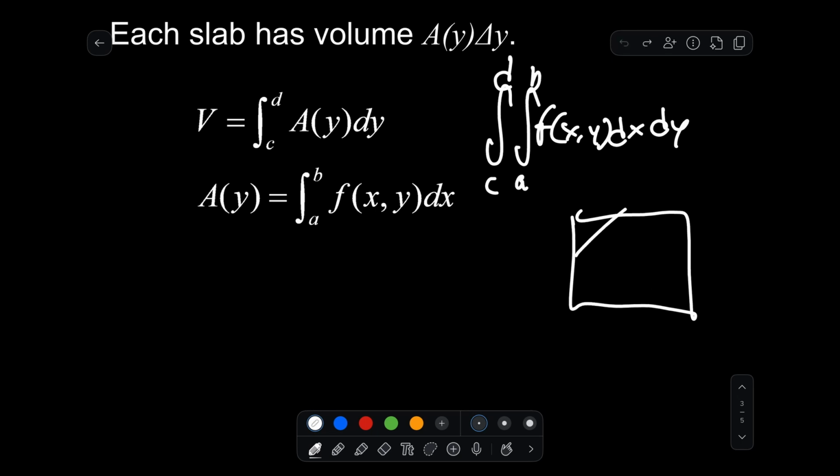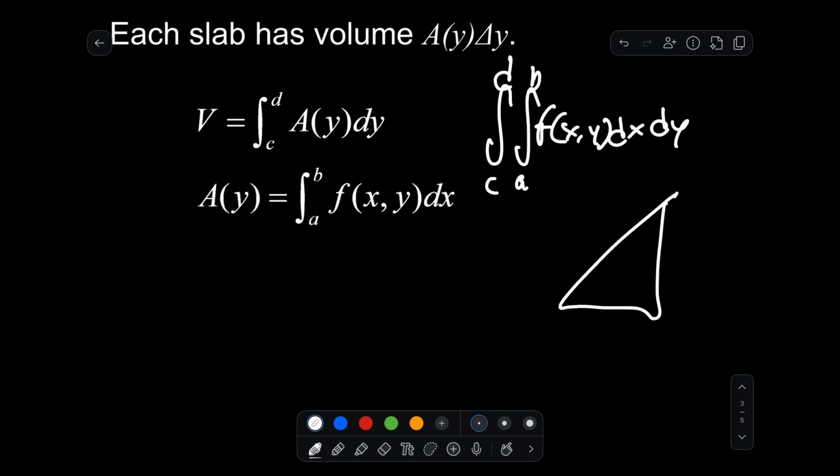There are some regions, for example, like a triangle. If you were trying to integrate a multivariable function over a triangle, that's where your order of integration actually matters, right? So say we're at x equals 0 to x equals 1, we're at y equals 1, and we want to integrate some function over this area to get its volume. So what we can do is this.